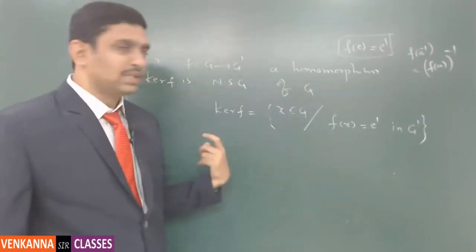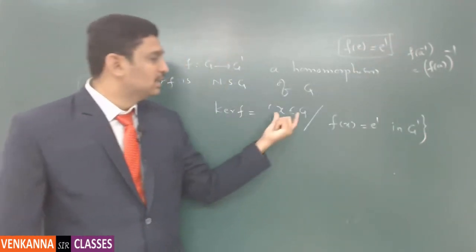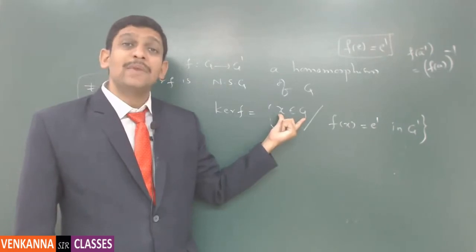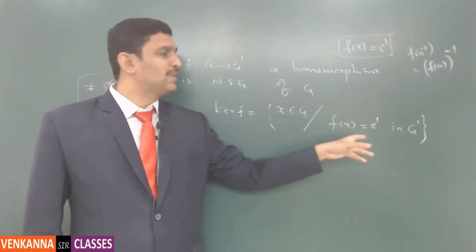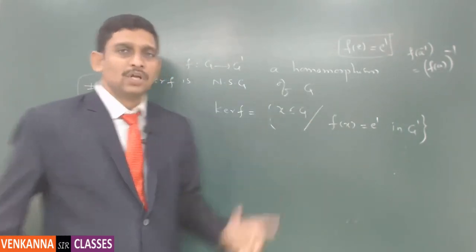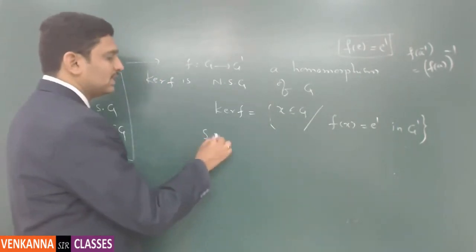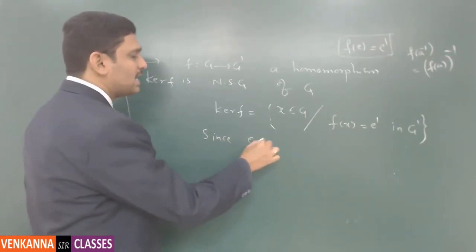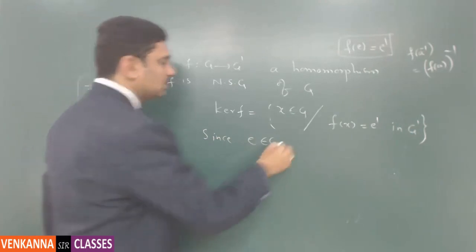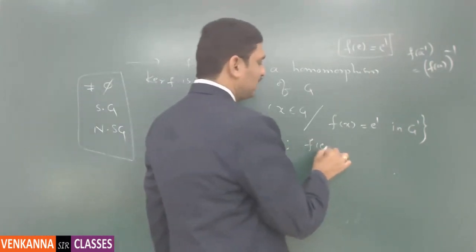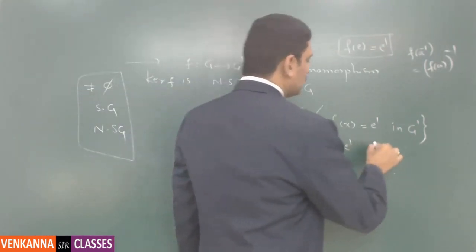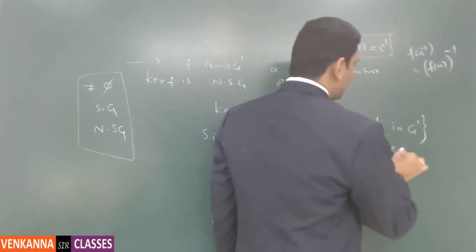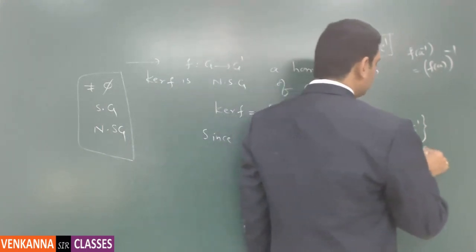If you observe the definition of kernel, you are selecting an element in the domain whose image must be identity. As you know, the identity element belongs to the group and f of E is equal to E dash. So kernel f is non-empty.